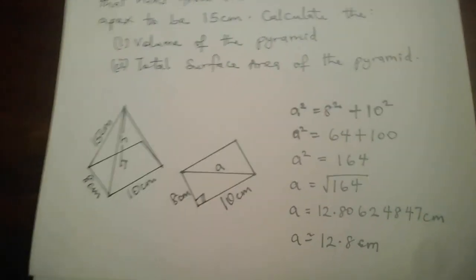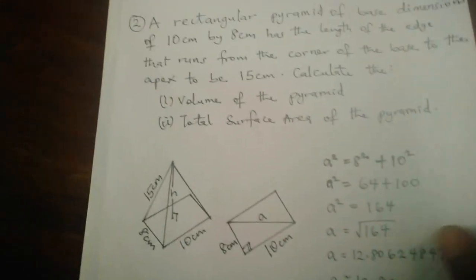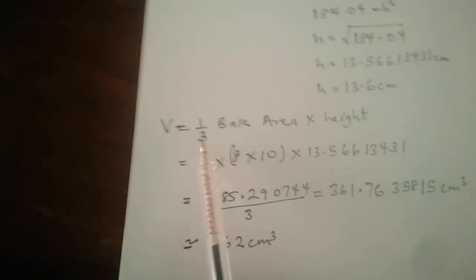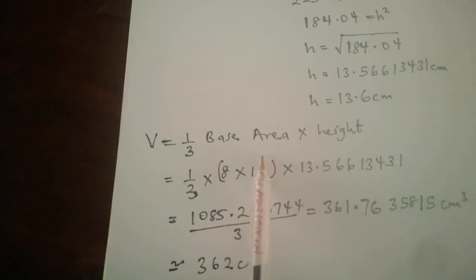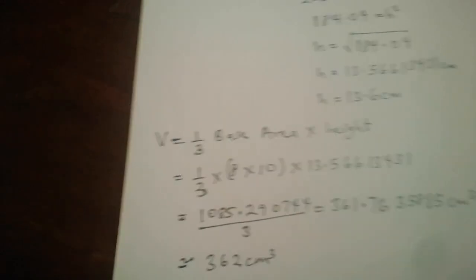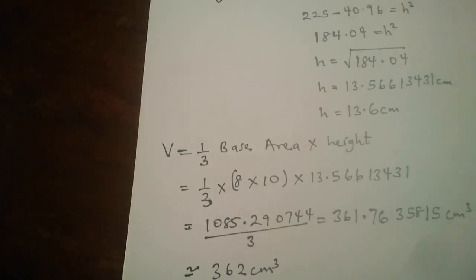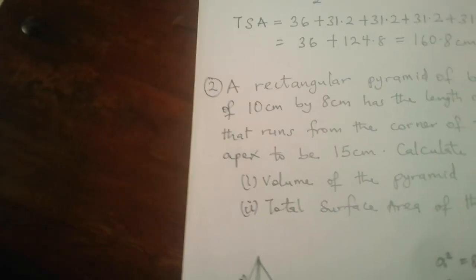So to calculate the volume of the pyramid, that is one third base area times height. The base happens to be a rectangle, then you look for the height. Now when you are looking for the height, you are going to use the vertical height.